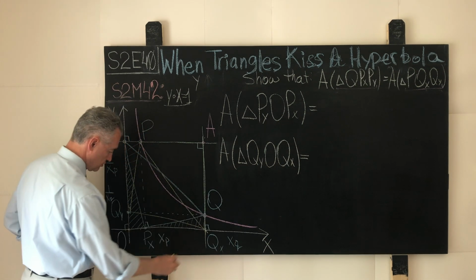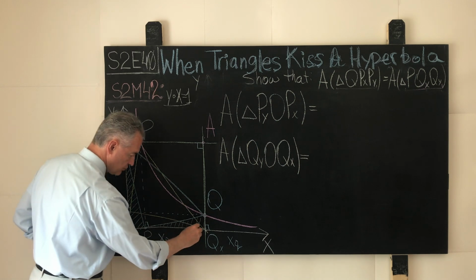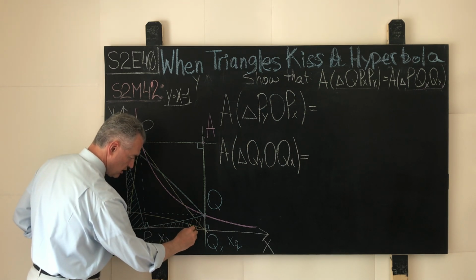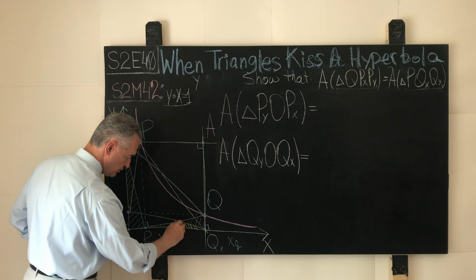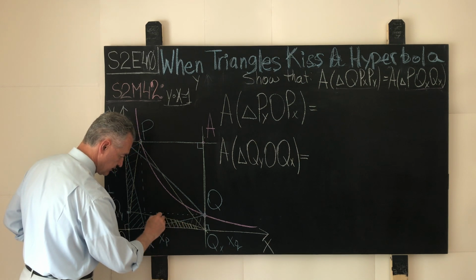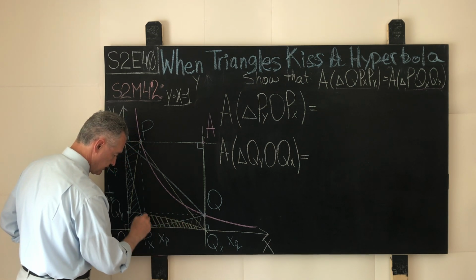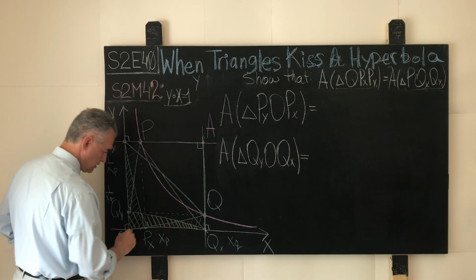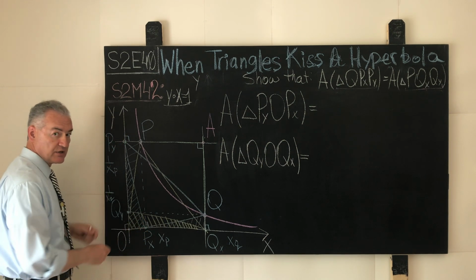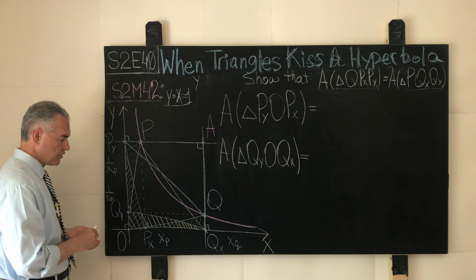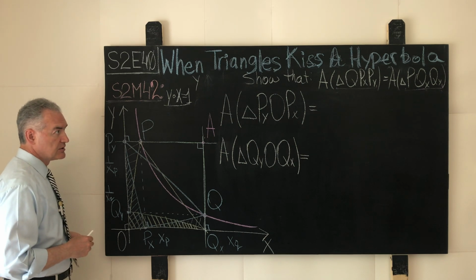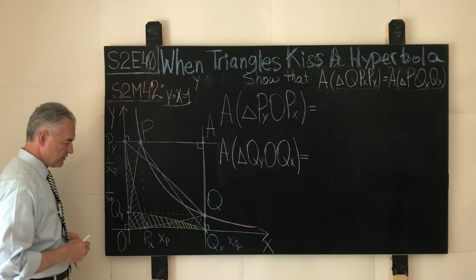I'll cross hatch it this way, in yellow. We want to compute the area of this complementary right triangle. We already understand where this is going, but we want to be good citizens of mathematics and carry out this proof completely.